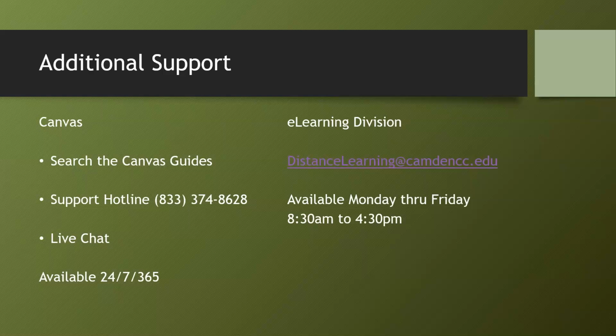For support in general, for support for Canvas or for your general e-learning needs, you could go to Canvas. You can search the Canvas guides. There is the support hotline that is available, as well as the live chat. And they're available 24 hours a day, 7 days a week, every day of the year.